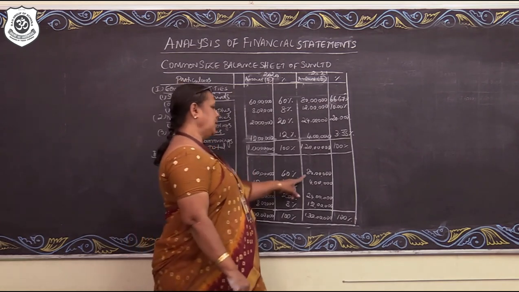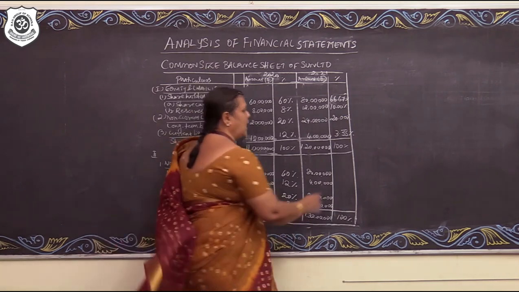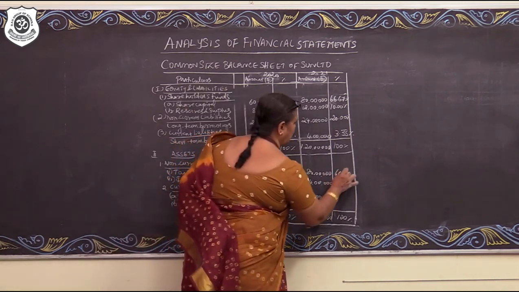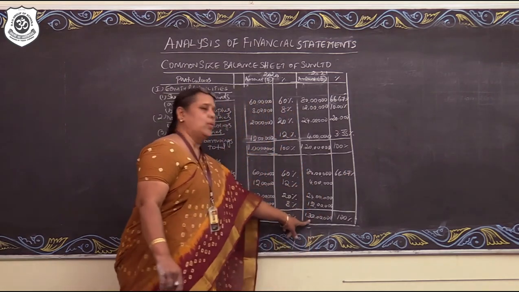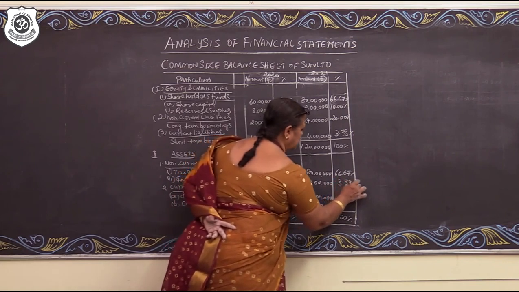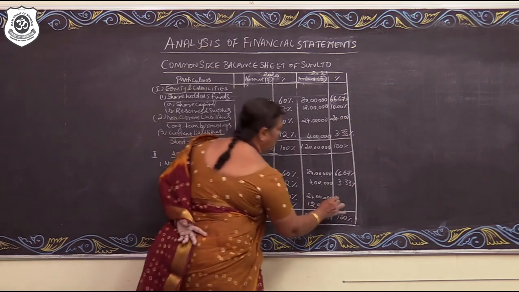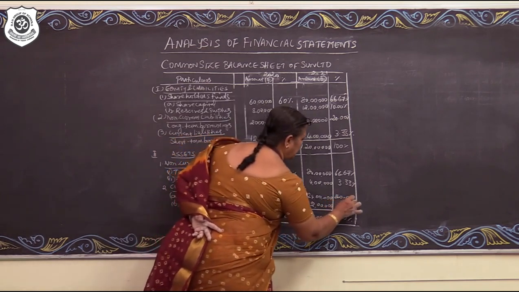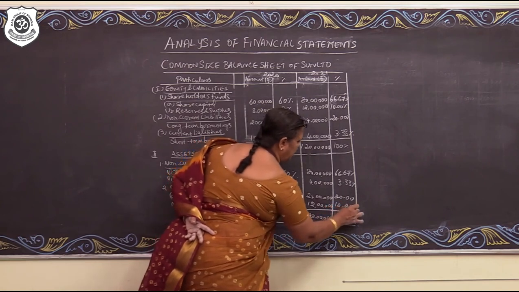Now, the next one is 80 lakh to a common base of 1 crore 20 lakhs again gives you 66.67%. Then 4 lakh to 1 crore 20 lakhs gives you 3.33%. Then 24 lakhs to 1 crore 20 lakhs gives you 20%. And 12 lakhs to 1 crore 20 lakhs gives you 10%.